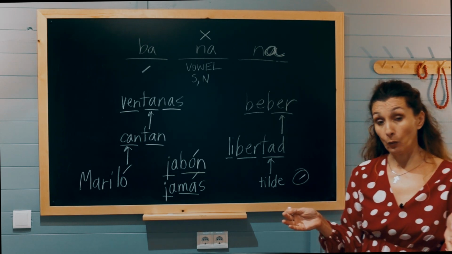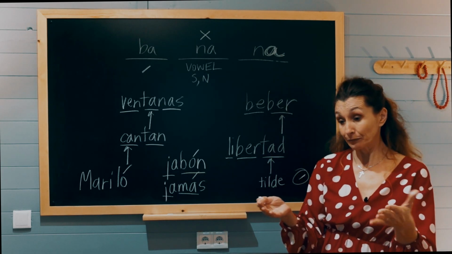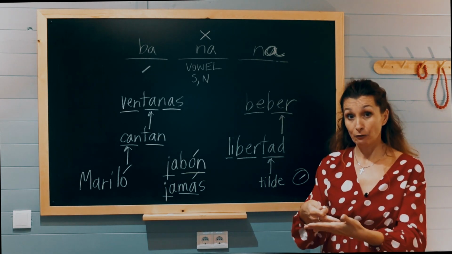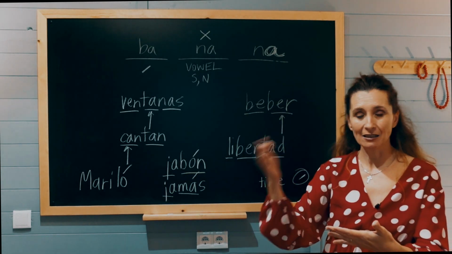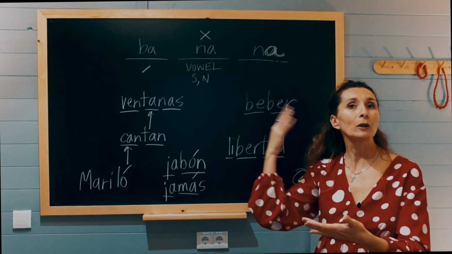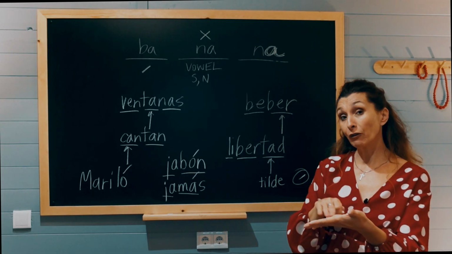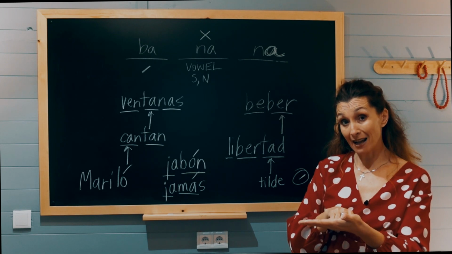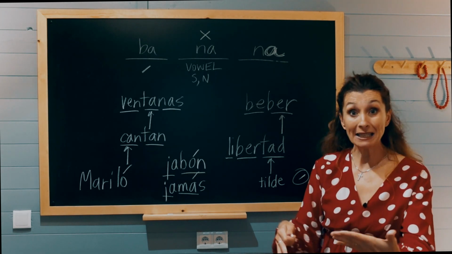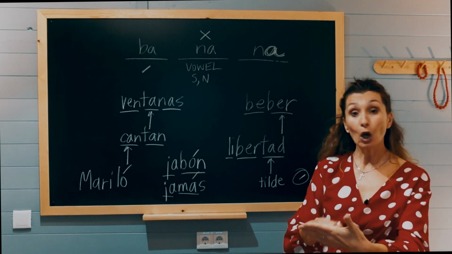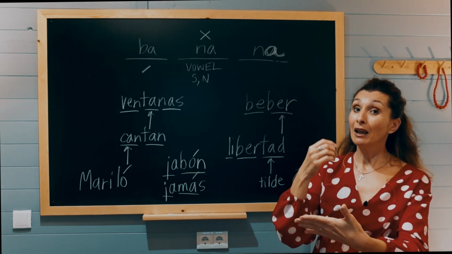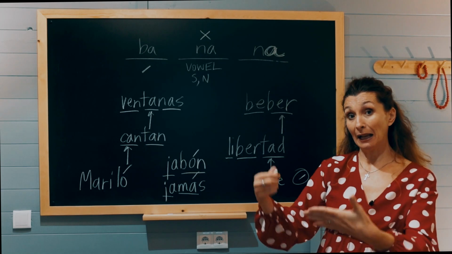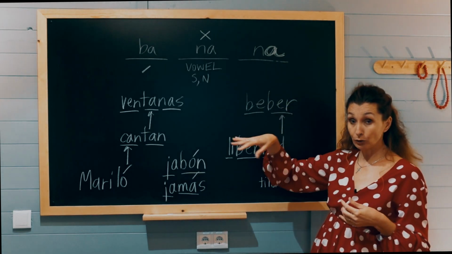And that is why when you are reading or you first come across a word in written form, obviously if someone says it, you will hear where the accent is. But if you first see a word written down, you know exactly how to pronounce it or where to put that accent, okay? You know the rule.